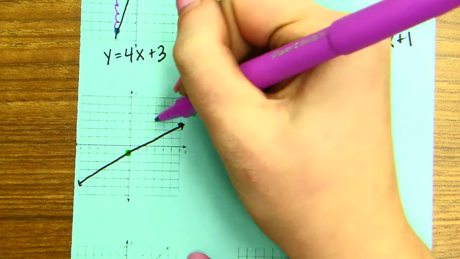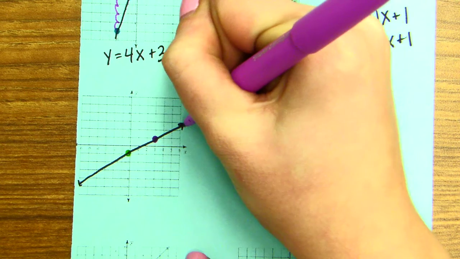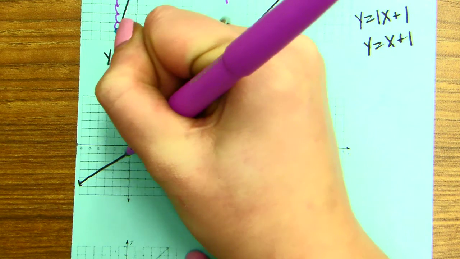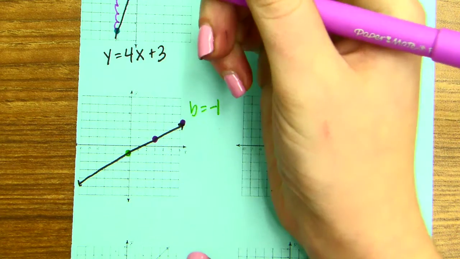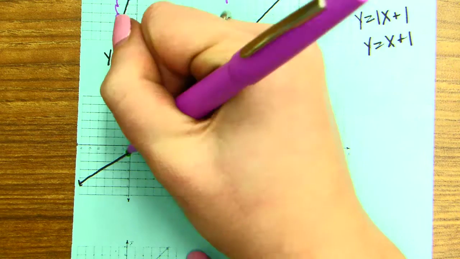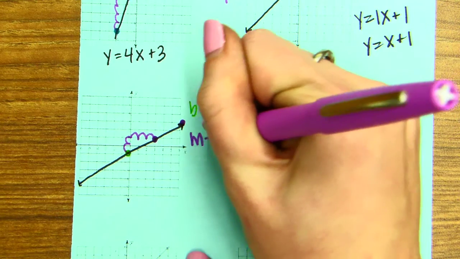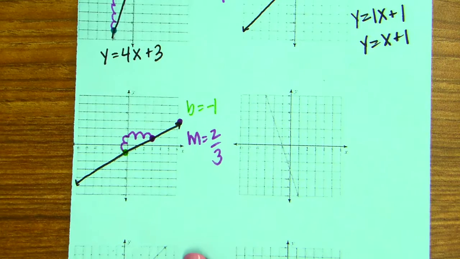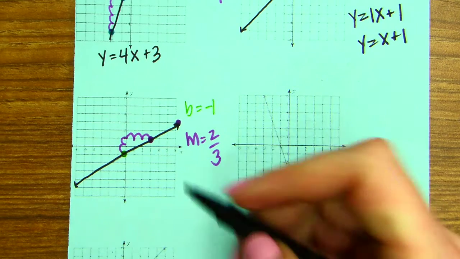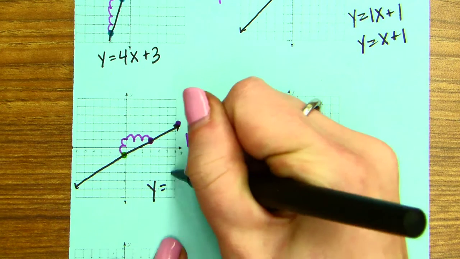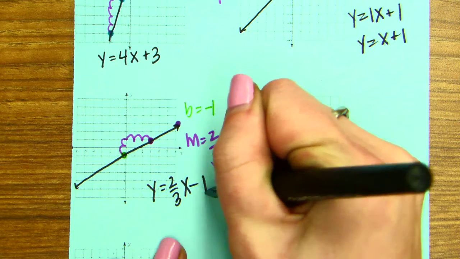Right here would work, and right here. Those would be good ones to use. It goes up 2 to the right 3, so the slope is 2/3. My slope is 2/3 and my y-intercept is negative 1, so my equation is y equals 2/3 x minus 1.